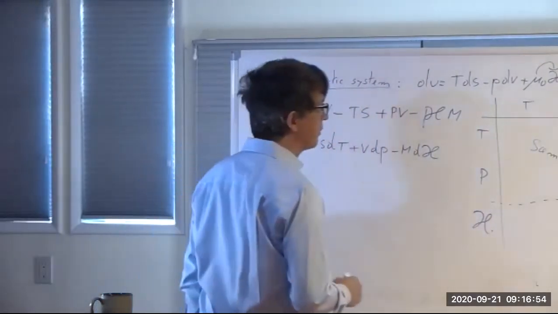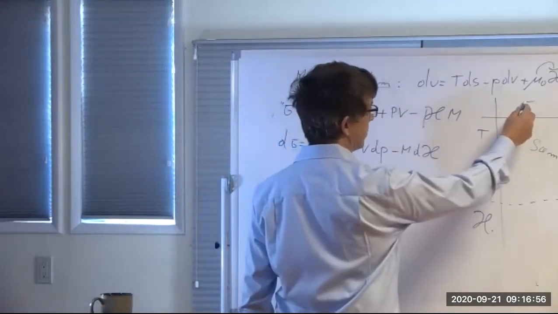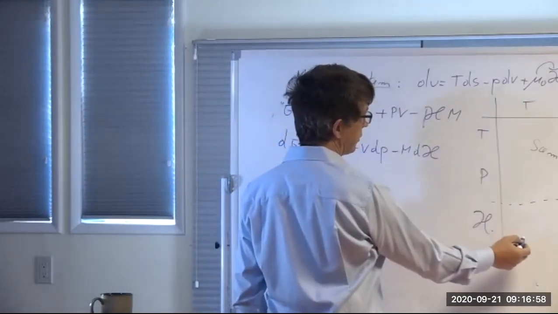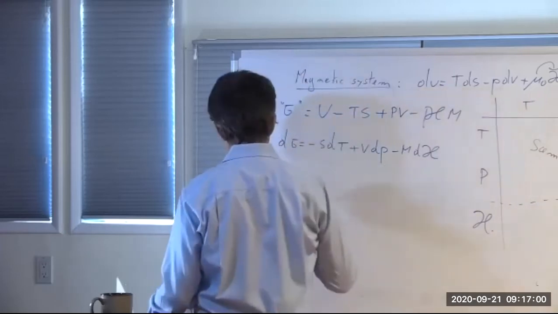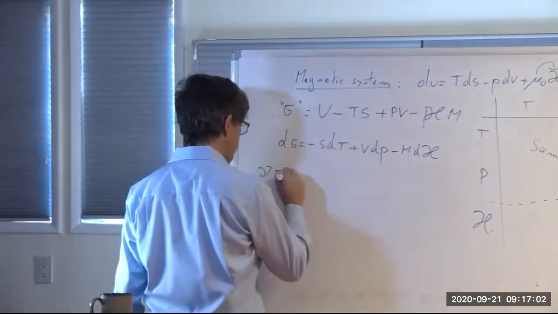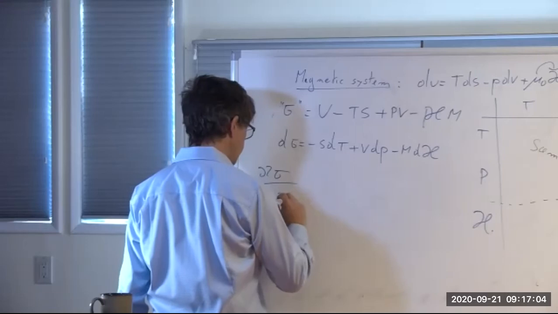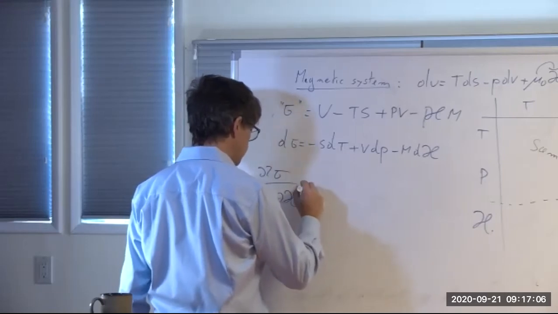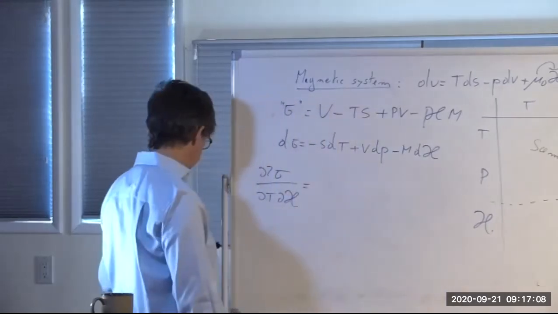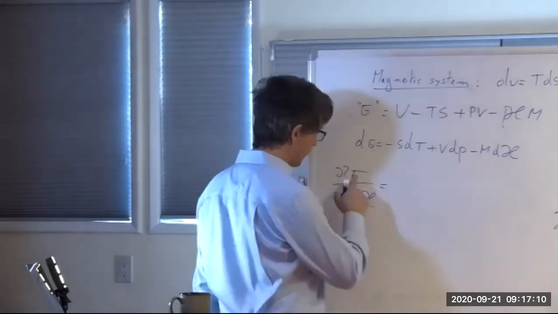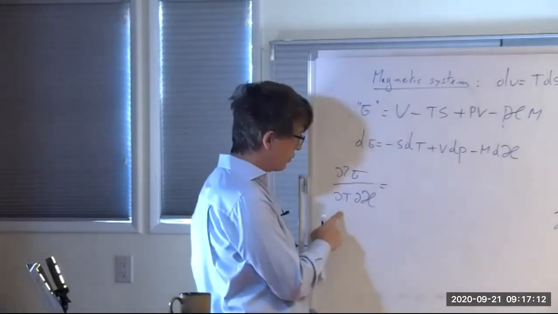Okay, so let's figure out what this one is. The free energy derivative with respect to temperature and H. So d squared G dT dH. What is that equal to? If I take the derivative with respect to temperature, I'm going to get entropy.